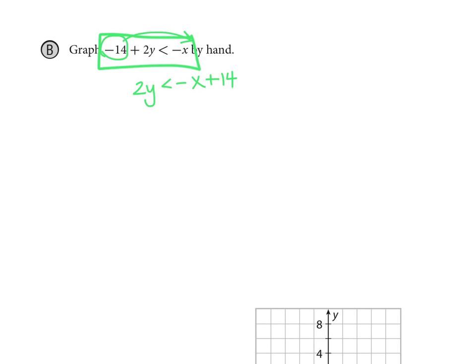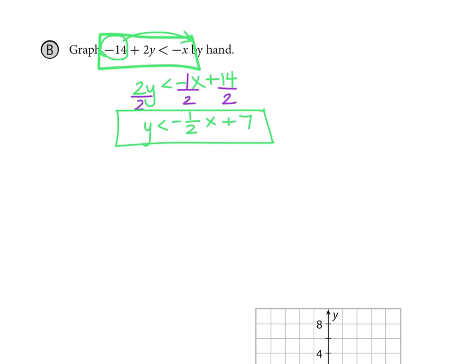All right. And then y is almost by itself, but I'm going to need to divide everything by 2. That's how I undo that multiplication. So I'm going to have y is less than, secretly in front of this x is a 1. So this is really negative 1/2 x plus 14 divided by 2 is 7.